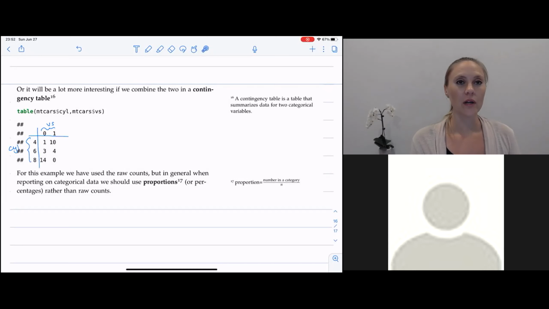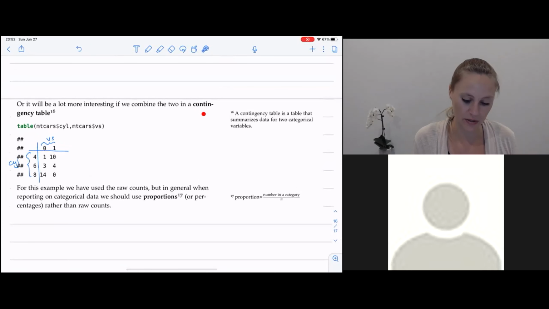Now we've made this contingency table. A contingency table is a table that summarizes data for two categorical variables.